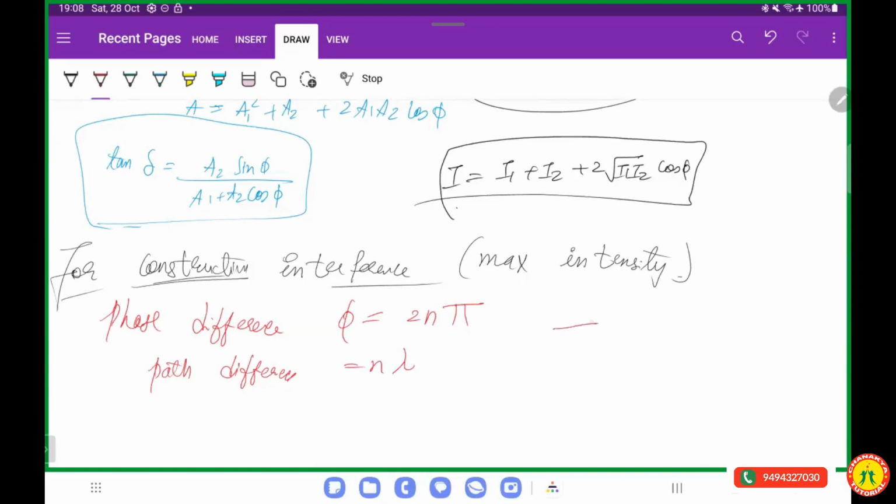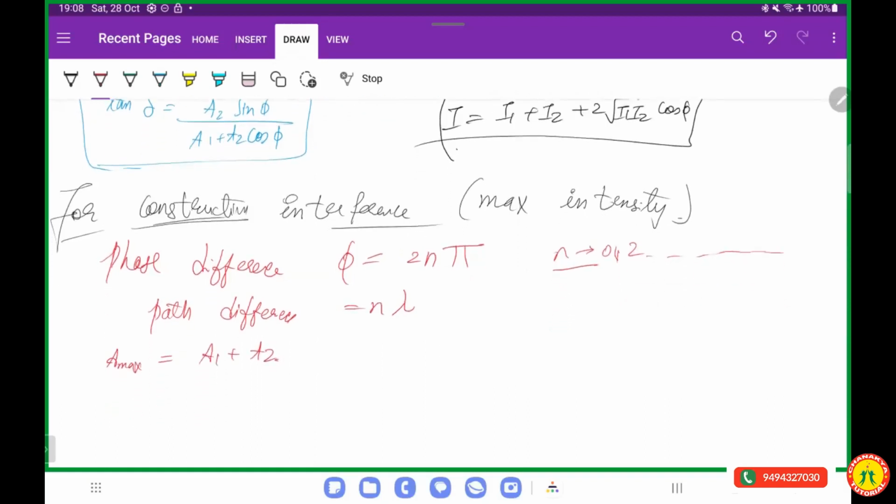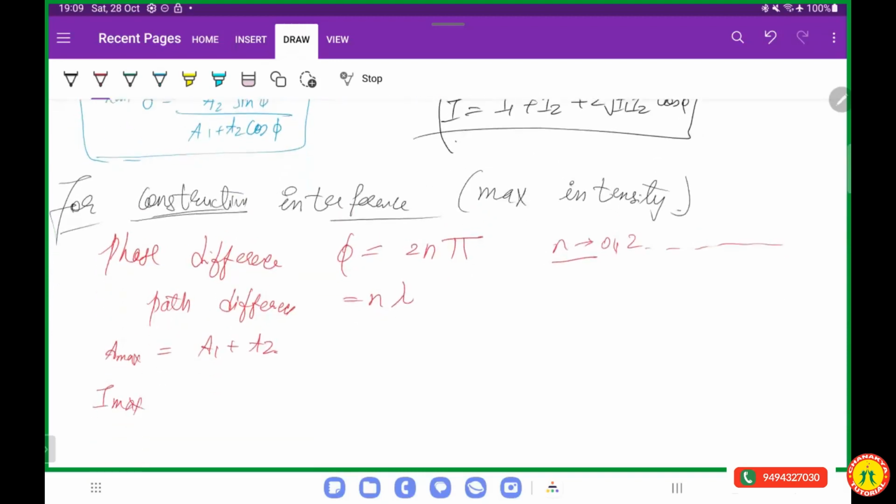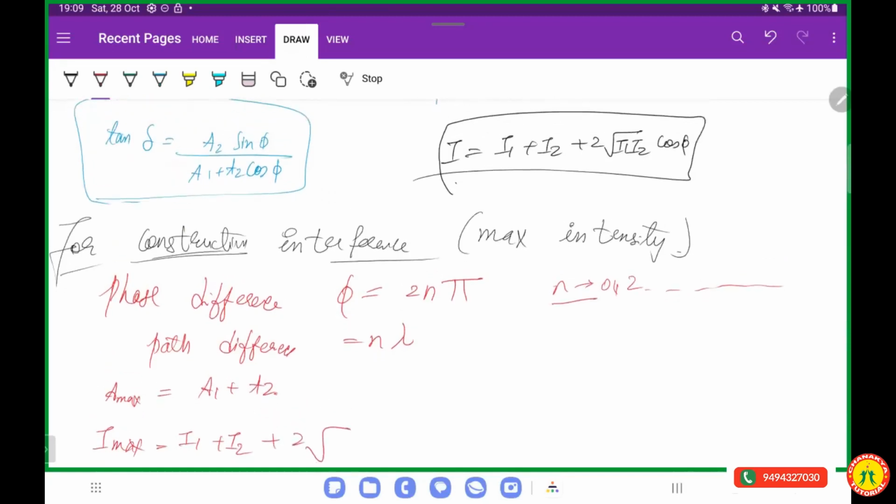And here, n can be 0, 1, 2, and so on. It can be any number. So if I want maximum amplitude, A1 plus A2, then I max from this equation is I1 plus I2 plus 2 root I1 I2.